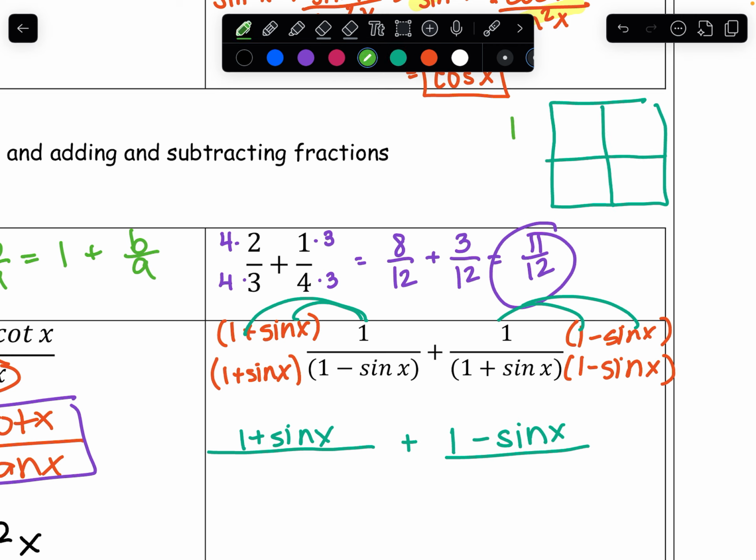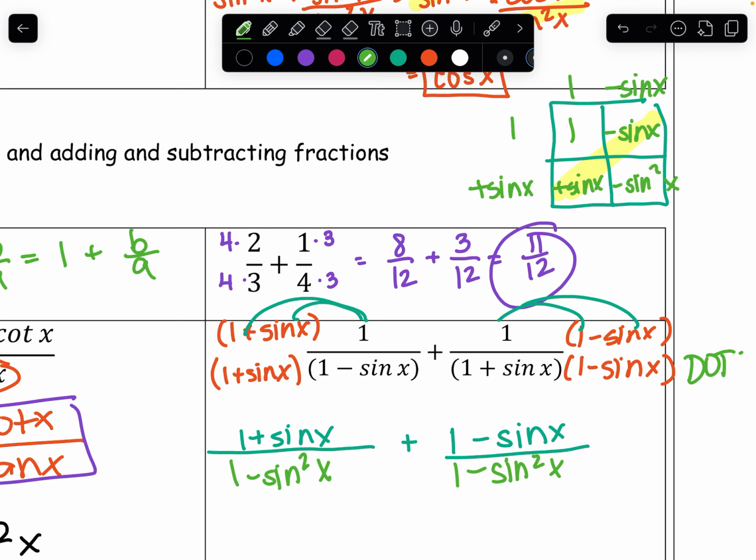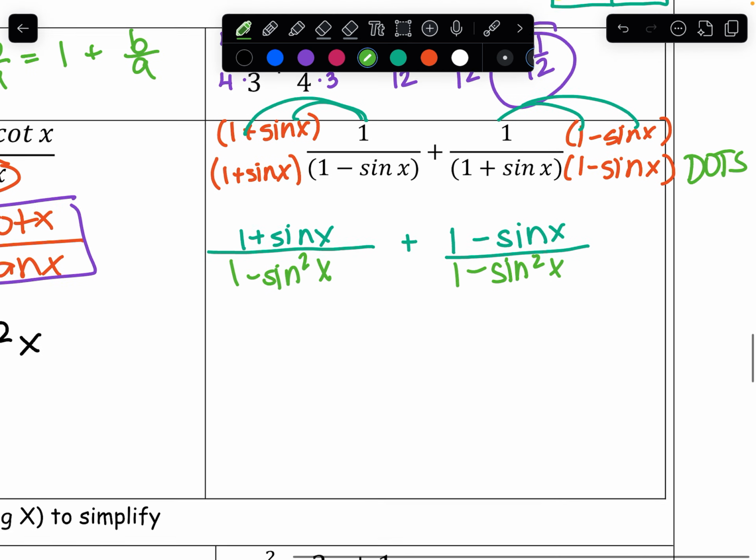So we have 1 plus sine of x times 1 minus sine of x. Now you should start to see something interesting happen. Our middle terms cancel out, and so we get 1 minus sine squared x. It's a difference of two squares. It's coming from the original part.